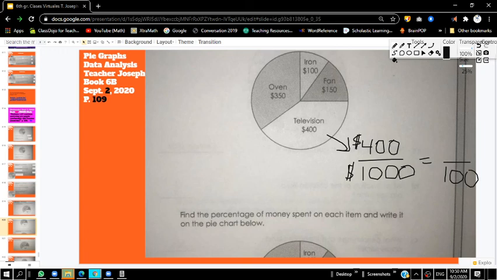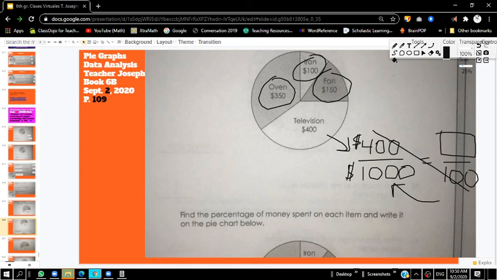We could cross multiply 400 times 100 and then divide by 1,000 to try to figure out our percentage. That's the hard way. That's with a calculation. Okay, we could do that again with 150. Put 150 over 1,000, times 100, to try to find the percentage of each one of those items.